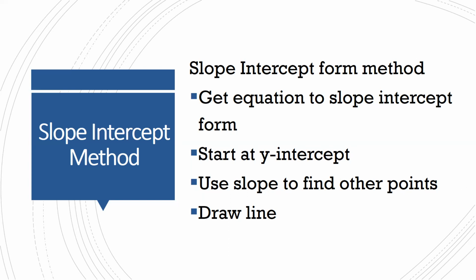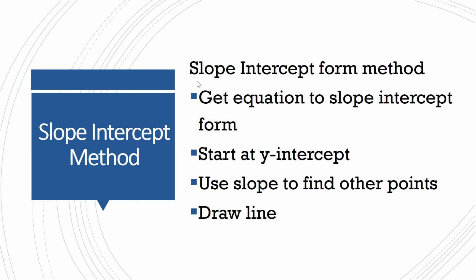Now, there are certain lines that aren't easily put in slope-intercept form, and we will look at those in the next video. There should be a link to that video in the description of this one.